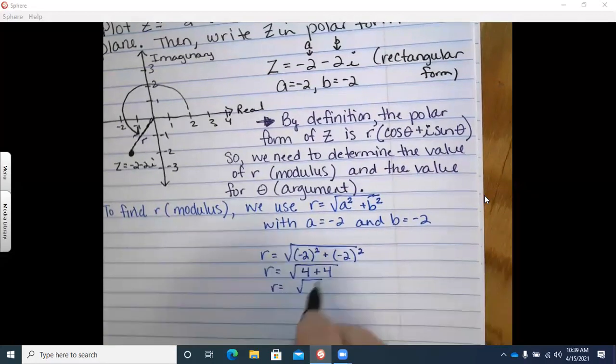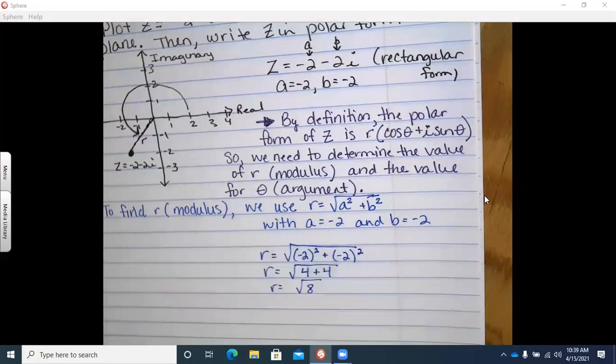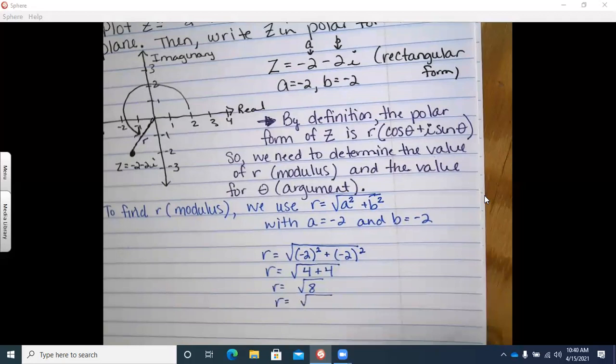Is 8 a perfect square? No, but does 8 have a perfect square factor? Yes, it does, right? So we know how to simplify radicals. If you have a perfect square factor, you need to simplify that. So would you agree that the square root of 8 is the same thing as the square root of 4 times 2? And I chose 4 because 4 is a perfect square.